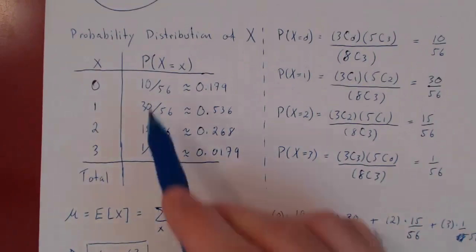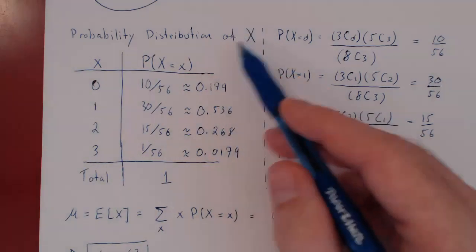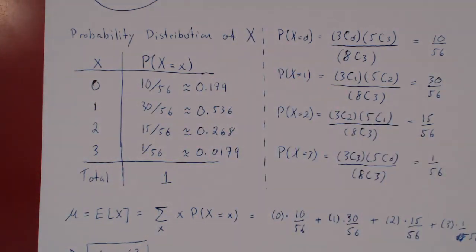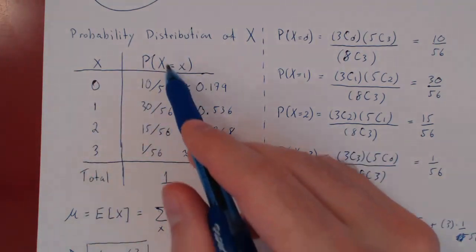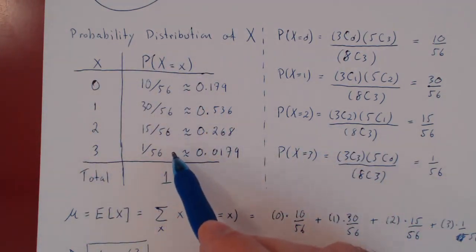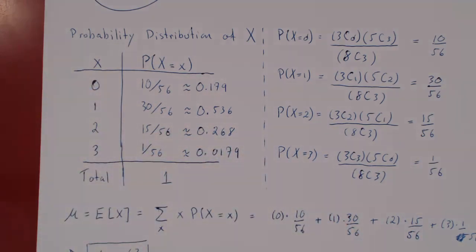Finally, we'd like to graphically visualize this distribution table by building the histogram for x. And all we do is we plot the probabilities along the y-axis over the values of x along the x-axis. And now we have our histogram for x. Let's do this.